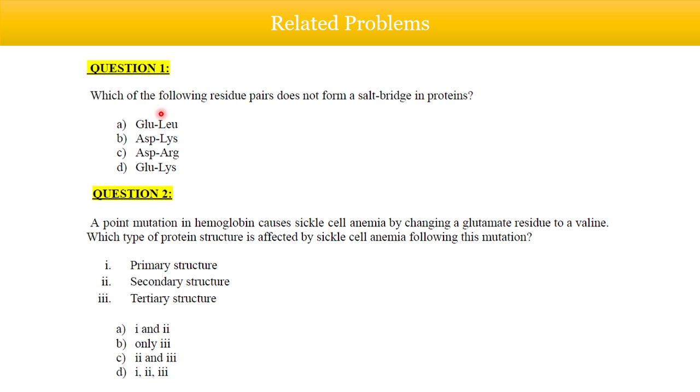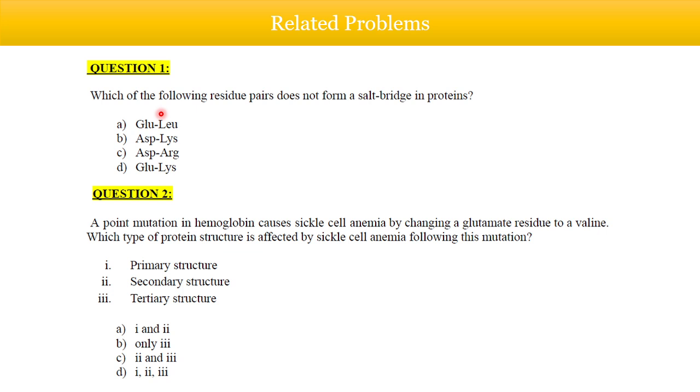The next one says a point mutation in hemoglobin causes sickle cell anemia by changing a glutamate residue to a valine. Which type of protein structure is affected by sickle cell anemia following this mutation? So you have to identify which protein structure is getting affected due to a glutamate to valine mutation.